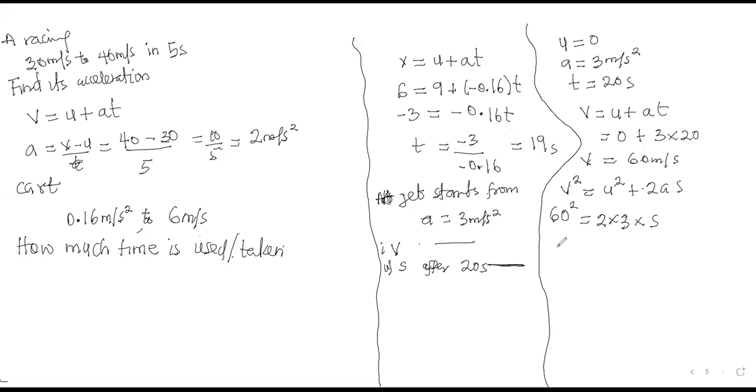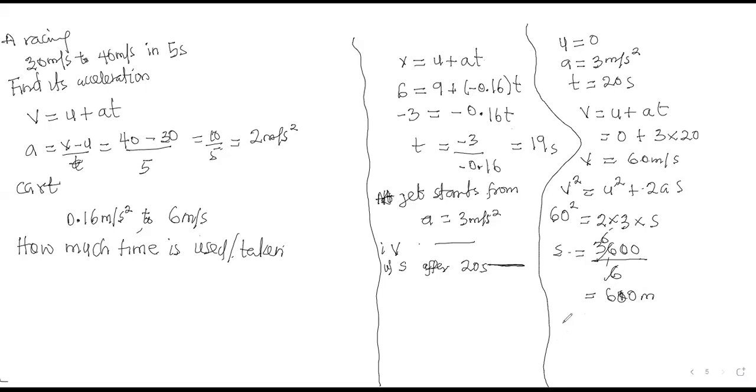So s is equal to 60 squared, which is 3,600, divided by 6, which is 2 times 3. This goes into this, and our answer is 600 meters.